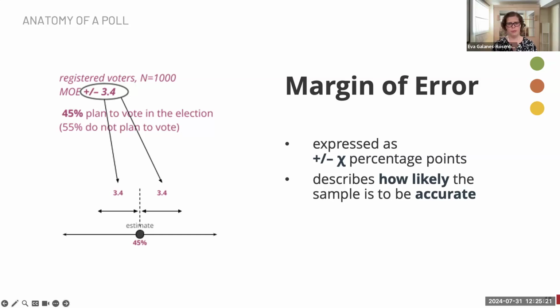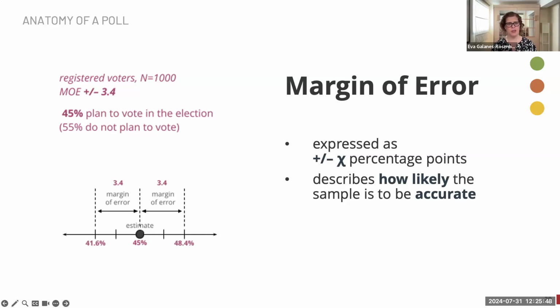And the result of the poll is really just an estimate of the actual number of people who are, in this case, planning to vote in the election or not. To understand where the actual number is likely to be, that is, what range it's in, we measure 3.4 points up from the estimate from the poll and 3.4 points down from it.